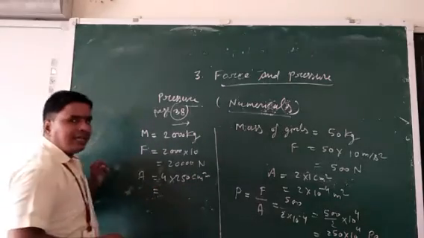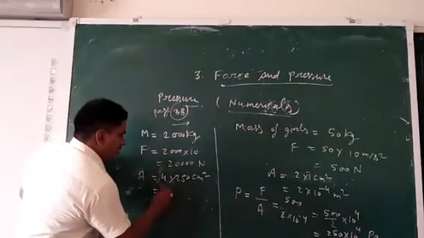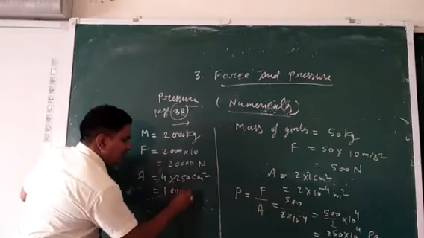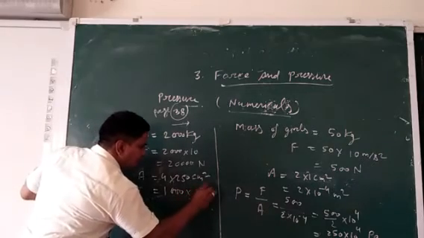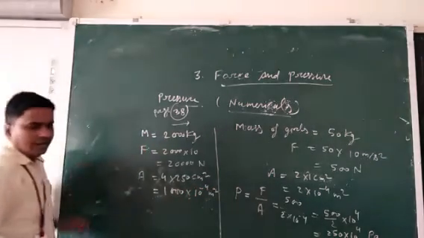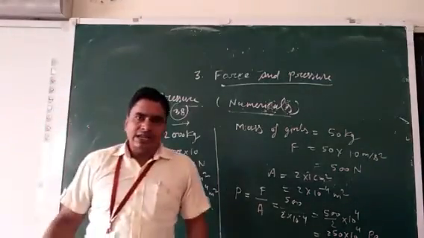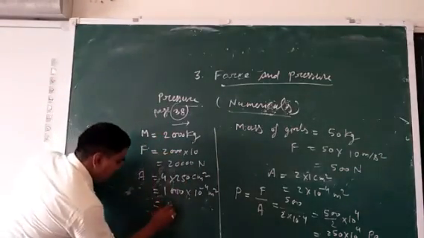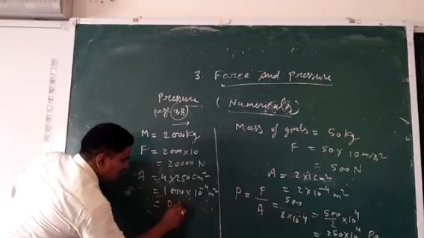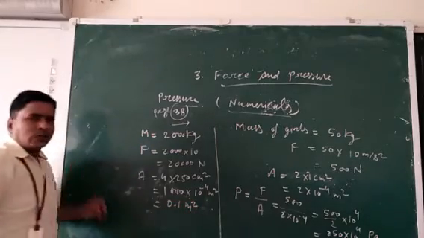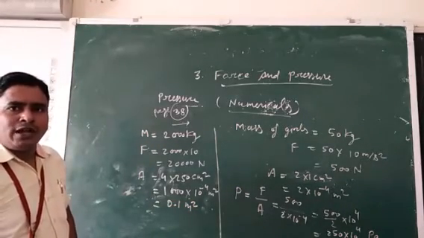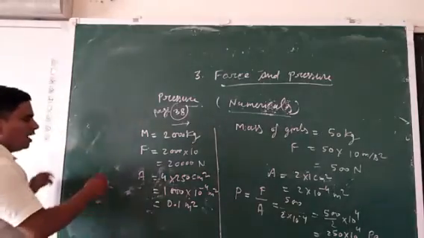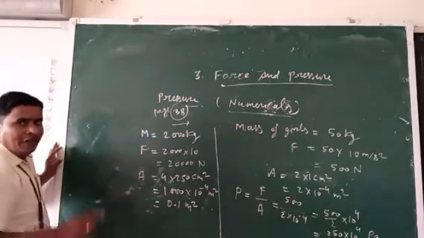We have to convert this into meter square: 1000 into 10 to the power minus 4 meter square, which becomes 0.1 meter square.